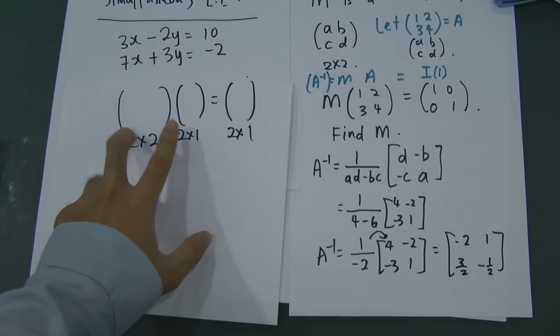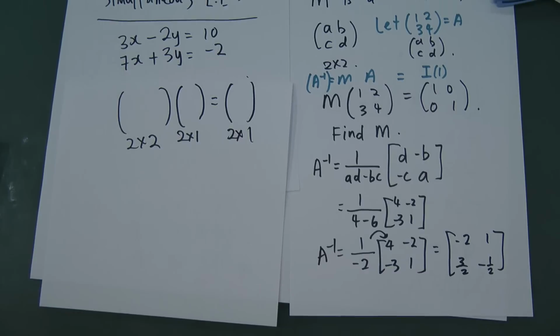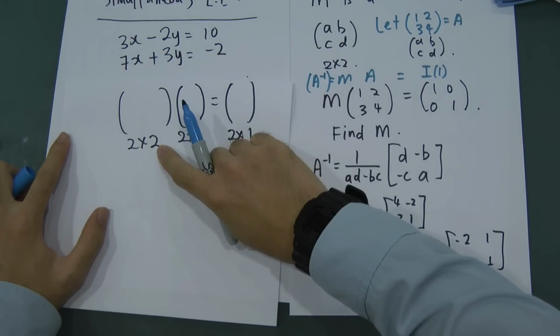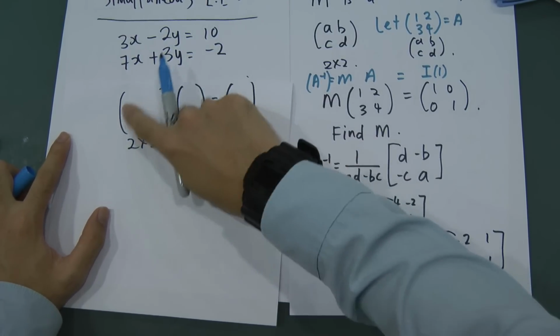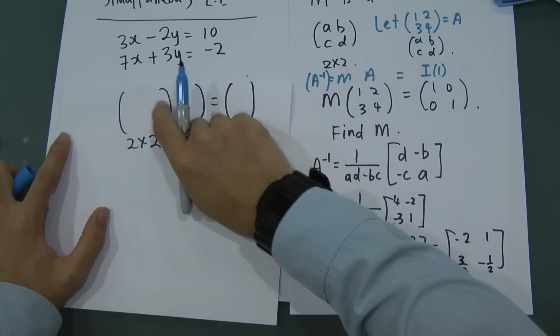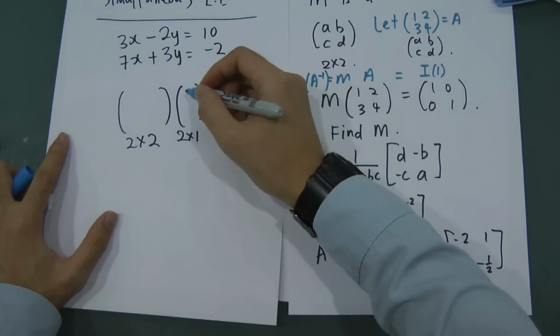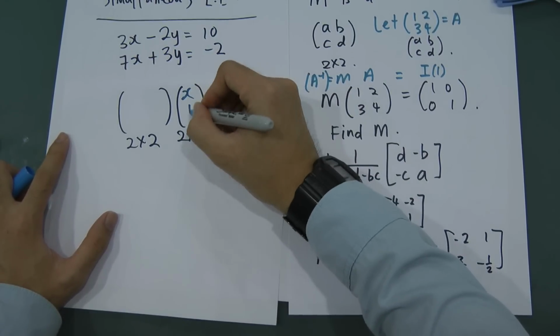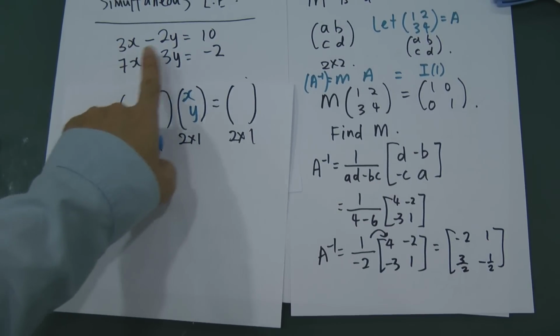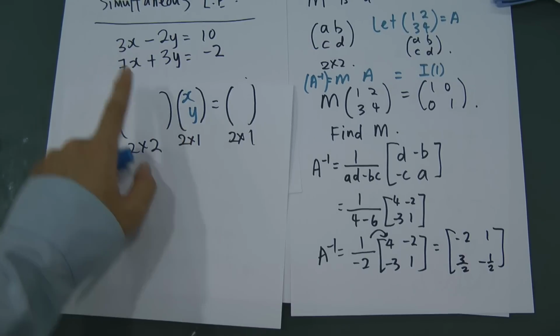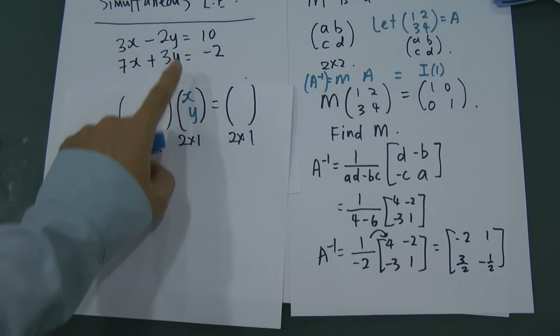These are the three matrices you're going to remember. And then it's very easy. If you understand this, you just fill in the blanks. The 2 by 2 matrix you get from the constants of x and y. And then here you fill in x and y. If this is x first, then y, you write x, y. If this is m and then n, you write m, n.